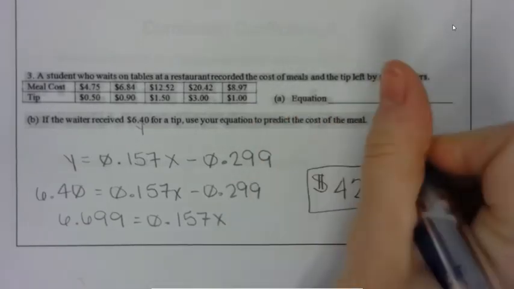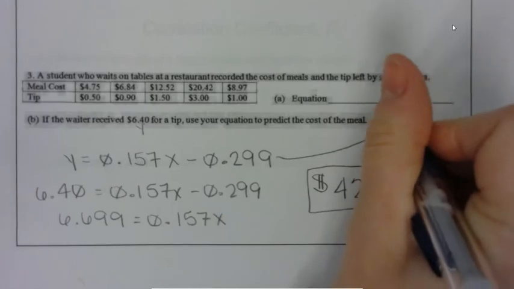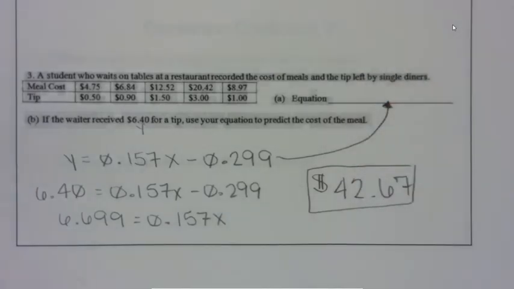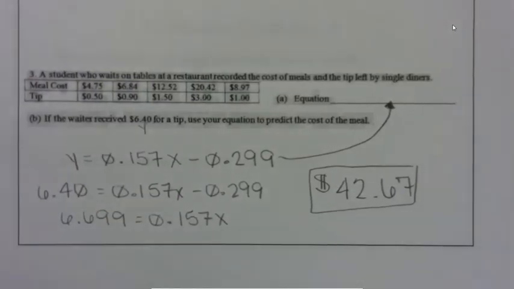And then that's my equation. I didn't realize I gave us a line for it. Whoops. All right, so that's our first one. That was linear because of how the graph of the scatter plot looked to us.